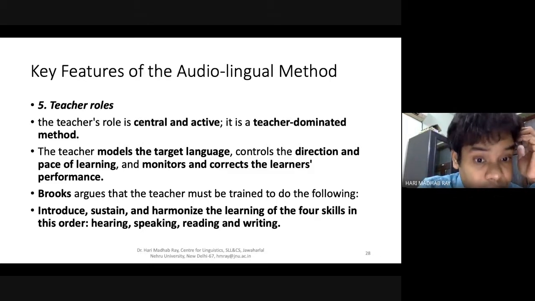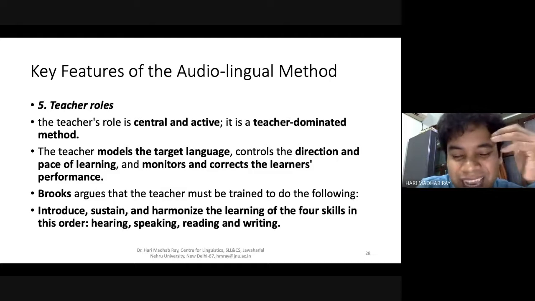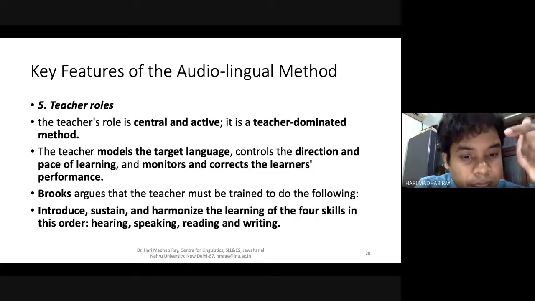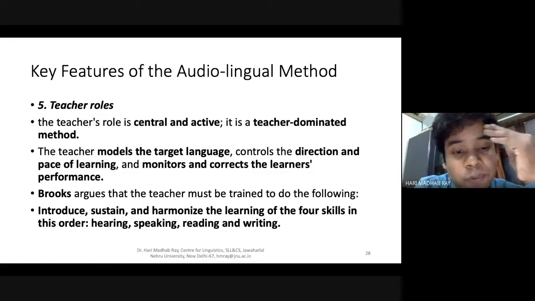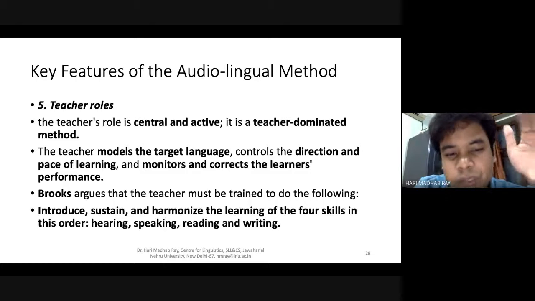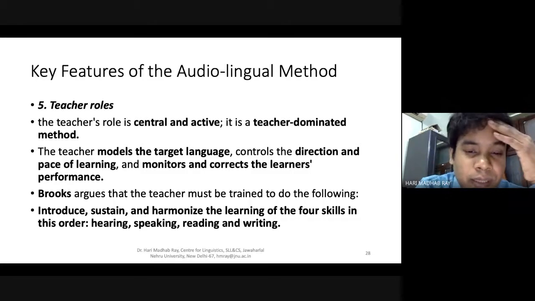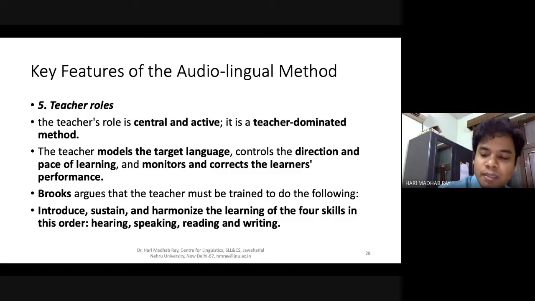Introduce, sustain, and harmonize the learning of the four skills. What are the four skills? As I already told you, hearing, speaking, reading and writing. For all these four skills, the teacher will have to do lots of things: introduce, sustain, harmonize the learning. This is where the teacher's role involves lots of things, you see.